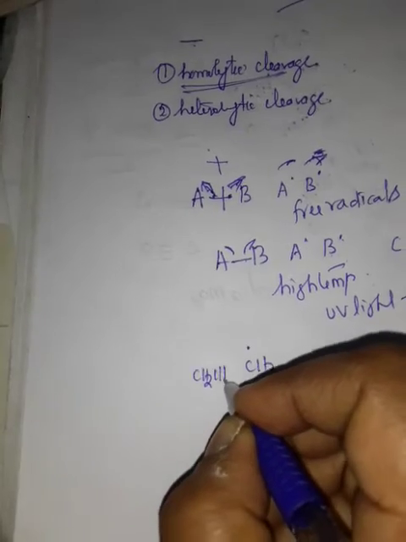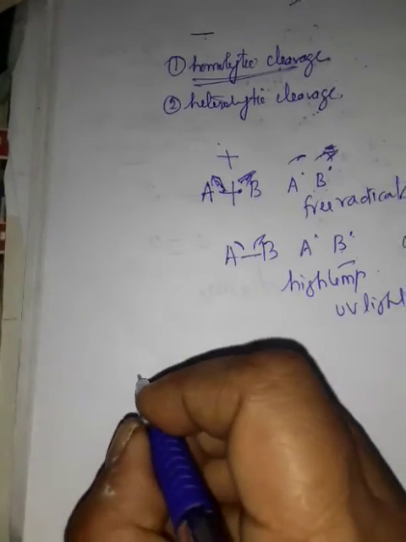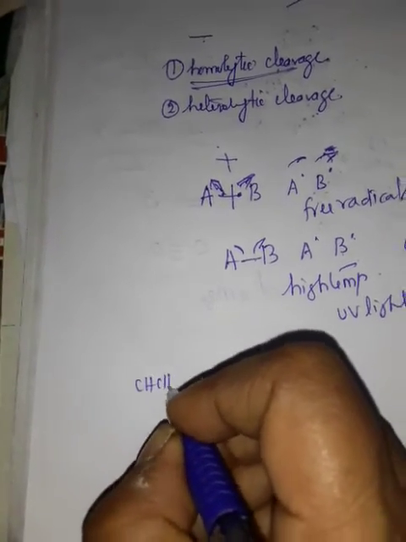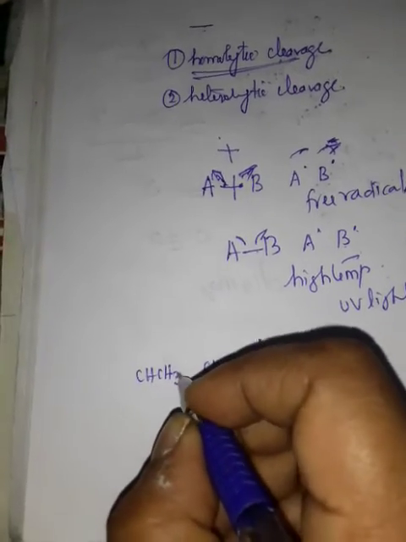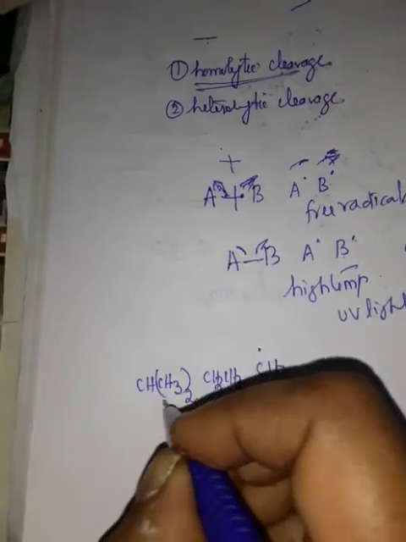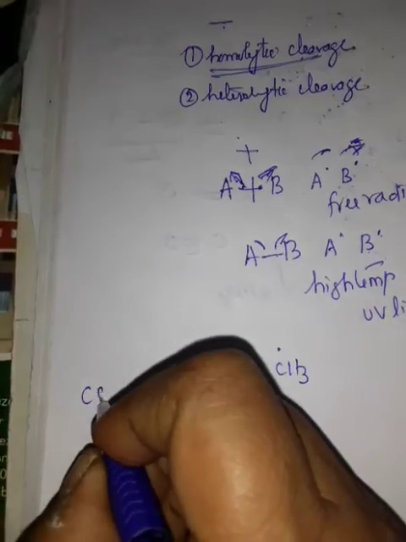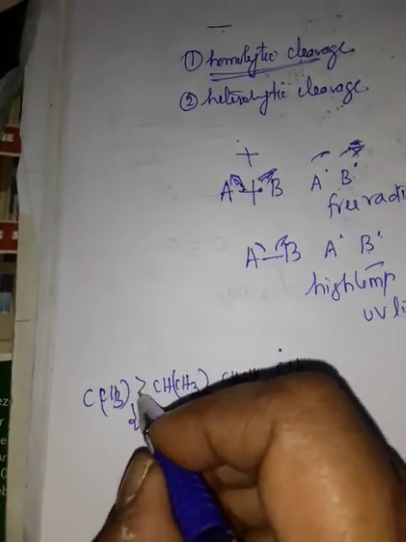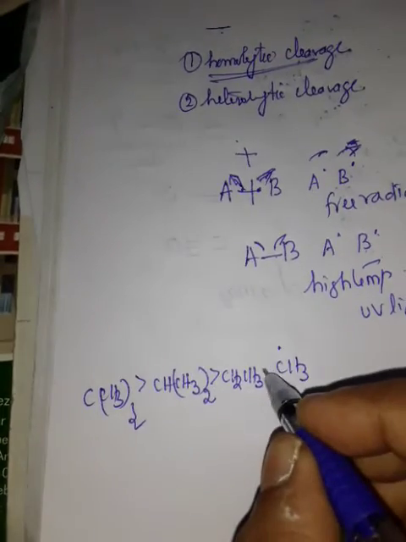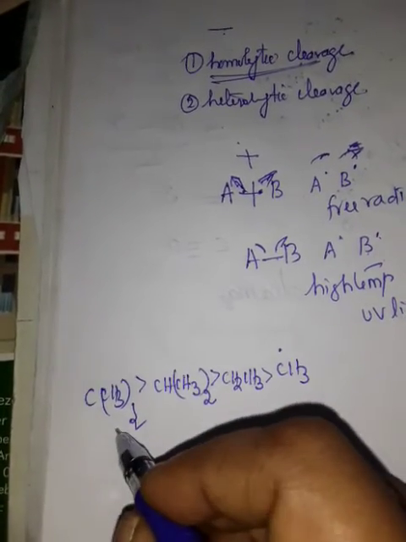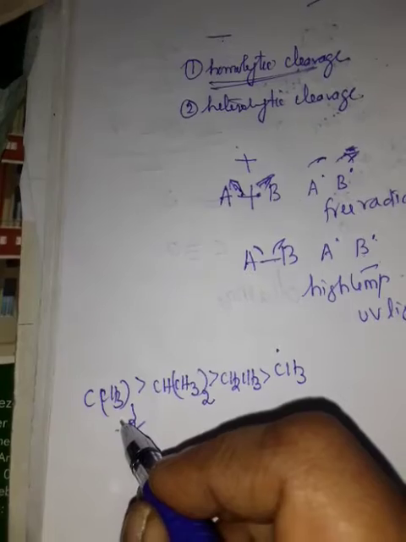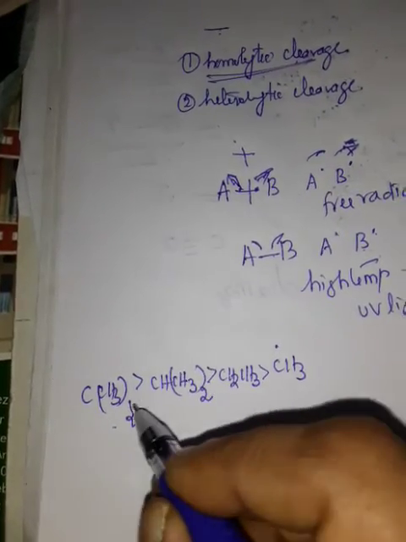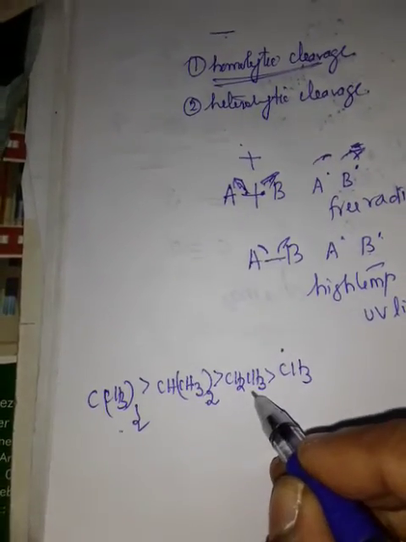A compound containing one methyl radical, a compound containing two methyl radicals, a compound containing three methyl radicals. Tertiary means three. This is more stable when compared to secondary, and then primary.